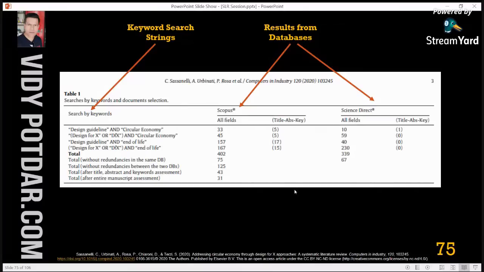Okay, so this table here now shows what keywords they searched. For example, design guideline and circular economy. For this particular keyword, they got 33 results from Scopus, 10 from Science Direct.